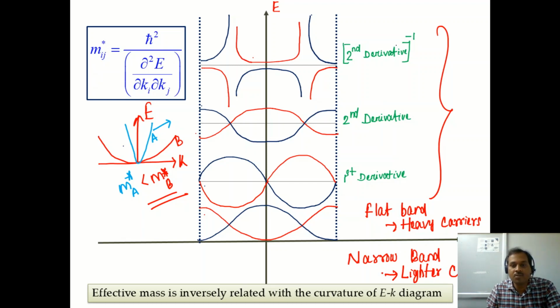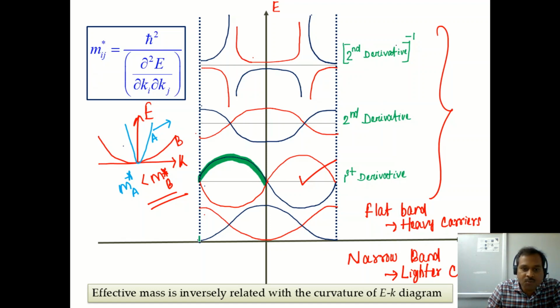Now let us come back to the EK plot and see how the curvature of this EK plot looks like. Then we will see how the reciprocal of the curvature will appear. So up to this we have already done. This is the velocity, the slope of the EK diagram for these two bands. Now we have to take one more derivative for this. Let us focus on this part.